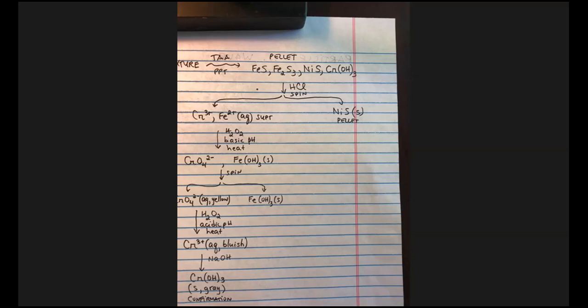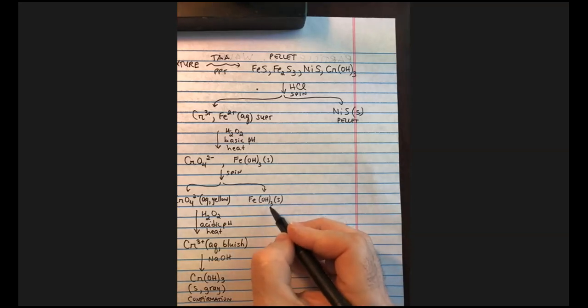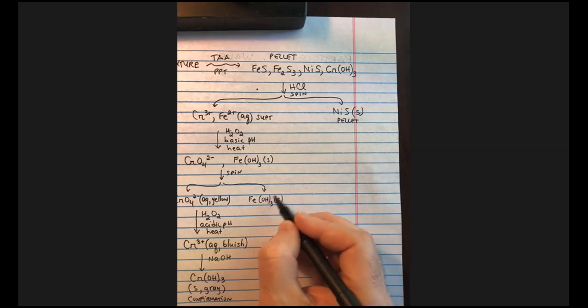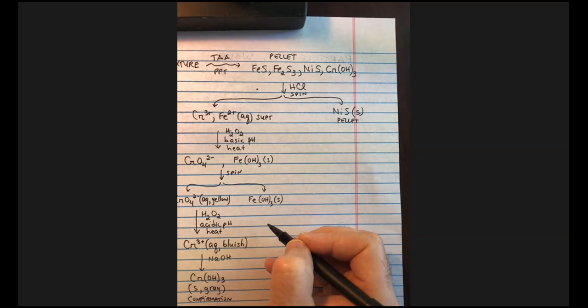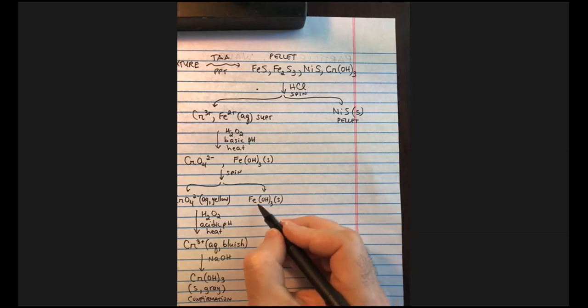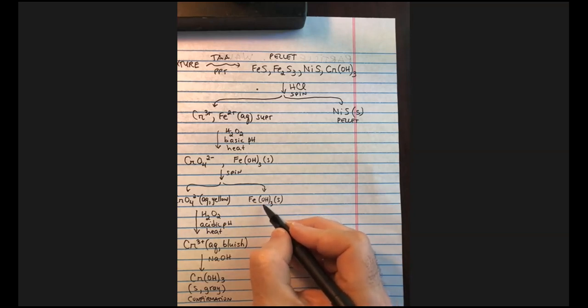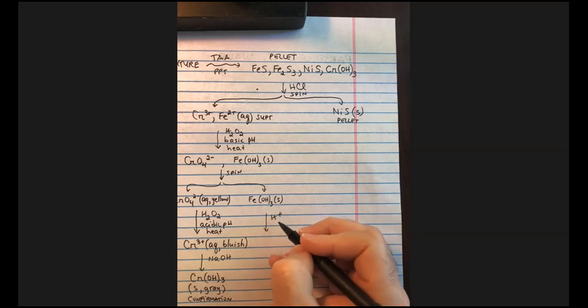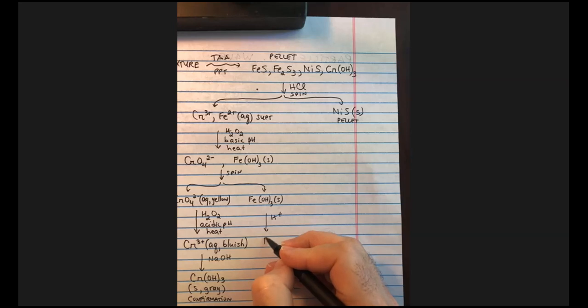Now, for the iron hydroxide that we have in this pellet, again, remember that compounds that have the hydroxide ion are soluble in acid because the acid pulls off the hydroxide ions by neutralization, and that causes this solubility equilibrium to shift towards the solubilized iron. So what we're going to do here is add acid to resolubilize the iron ions back to iron 3.